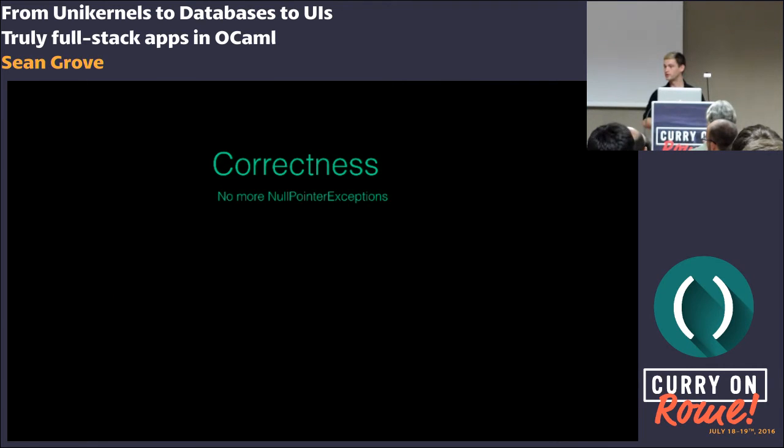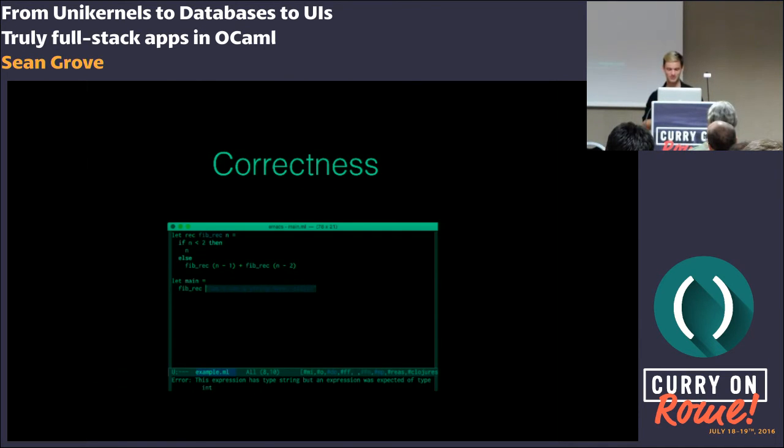As far as correctness goes, due to the nature of the construction of programs, you get no more null pointer exceptions, no more undefined is not a function. I spent a sad amount of my life chasing down these, so I'm always very happy that I don't have to see them. In Clojure, I still see them. I like Clojure a lot, but I still see null pointer exceptions.